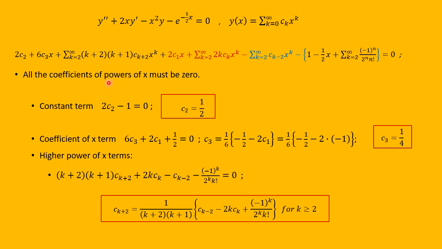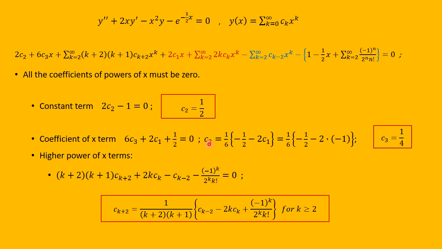Now what about the x term, the coefficient of the x term? We have a 6c sub 3 x here. We have a plus 2c sub 1 x here. And we also have a minus 1/2 x here. And so that gives us, for the coefficient of x, 6c sub 3 plus 2c sub 1 minus a minus is plus 1/2 equals 0.